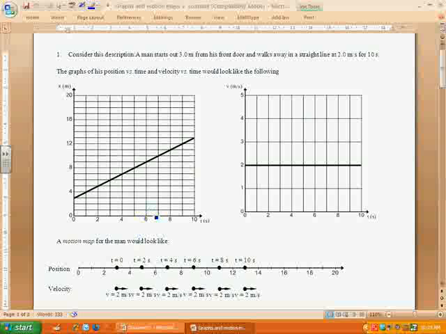Hopefully you noticed with the tractor that the y-axis being position and the x-axis being time, when you did slope, or rise over run, as you went up and over, just like this, that's the slope, right? Rise over run.